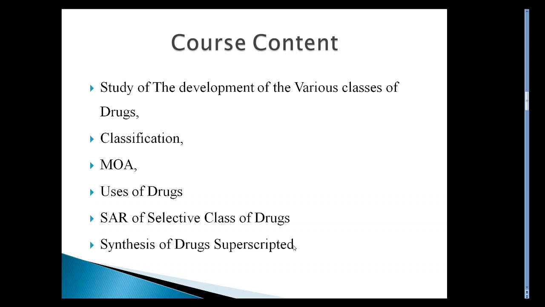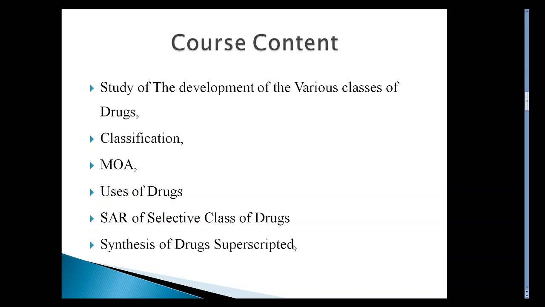We will start with the development of various classes of drugs, their definitions, their classification, their mode of action, their uses, their adverse drug reactions, their specifically mentioned classes of drugs and their SAR of particular selective categories of drugs, and some important synthesis which is mentioned in superscripted format in our syllabus. So we should cover those 7 points in the form of course content in pharmaceutical medicinal chemistry.